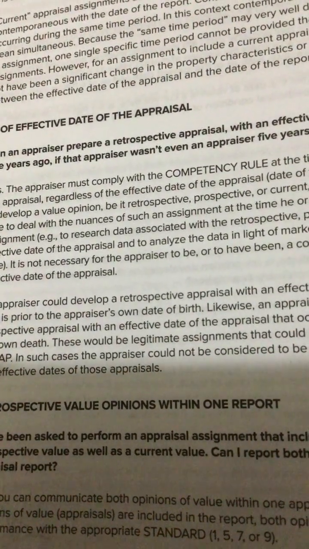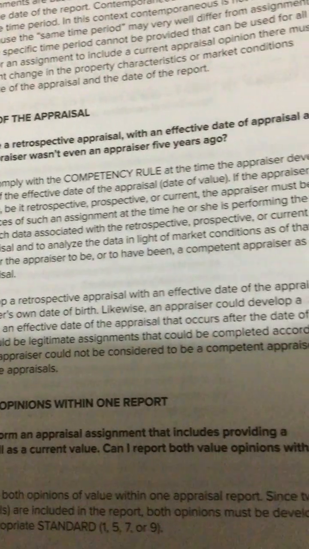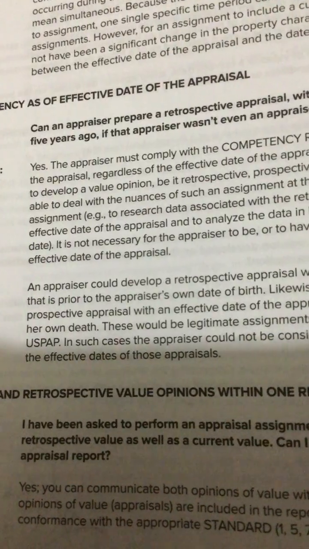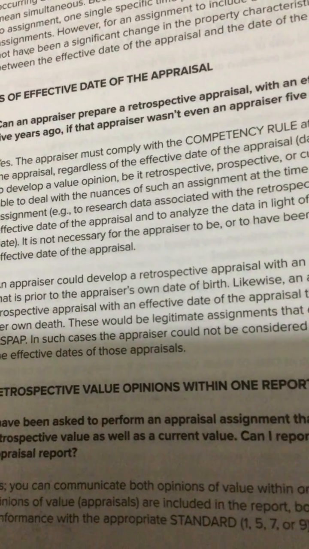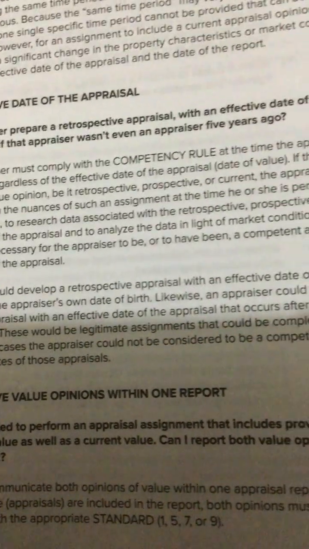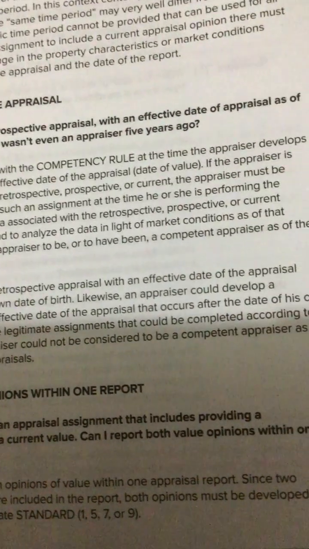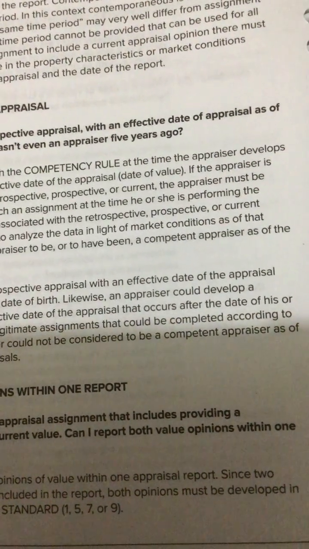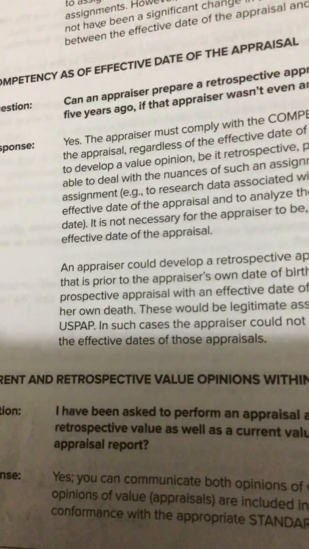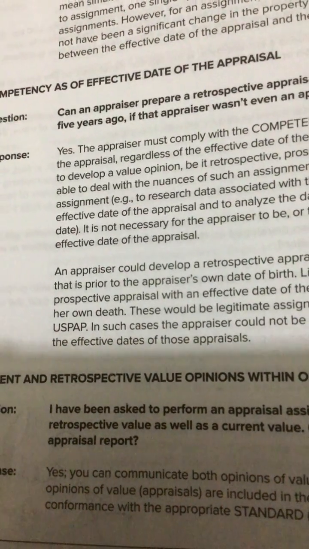These would be legitimate assignments that could be completed according to USPAP. In such cases, the appraiser could not be considered to be a competent appraiser as of the effective dates of those appraisals.